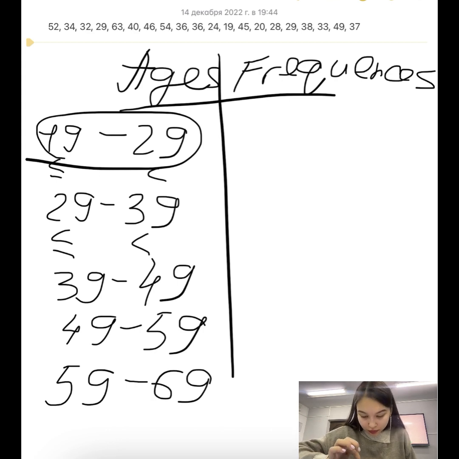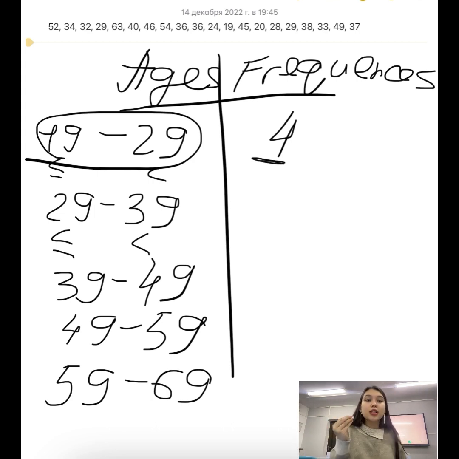29 is not included. Here there is 24, 19, 20, 28. It is repeated 4 times. If I write the whole number, it is the absolute frequency, just how many times it repeats.